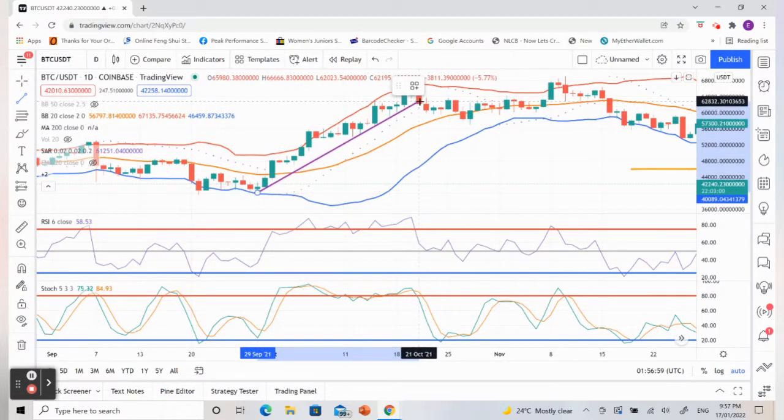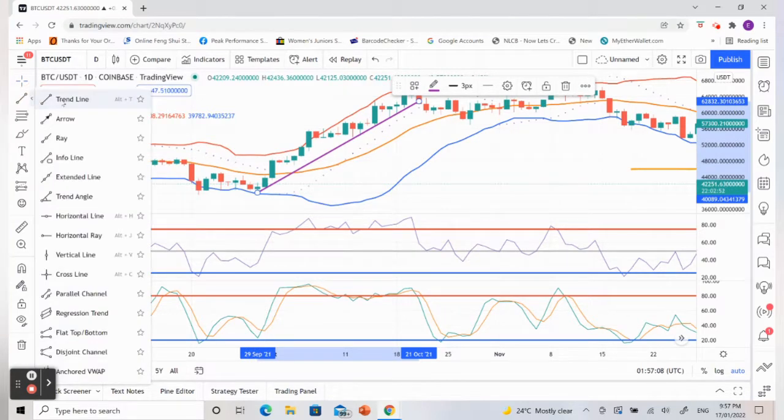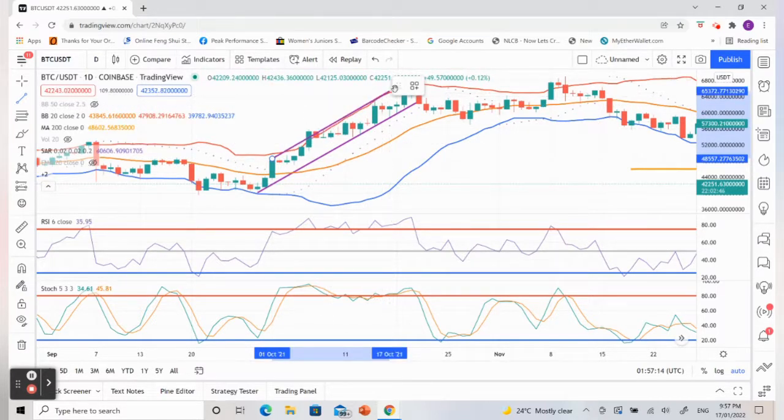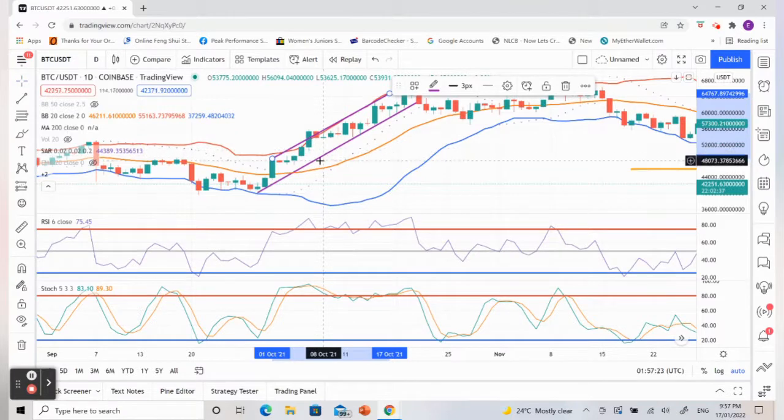A lot of people make the mistake of putting the line up here, like this. Now what you're doing in fact is taking it in the wrong direction, because what you want to do is take it on the rebound.